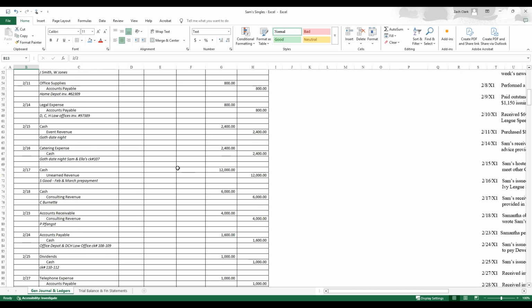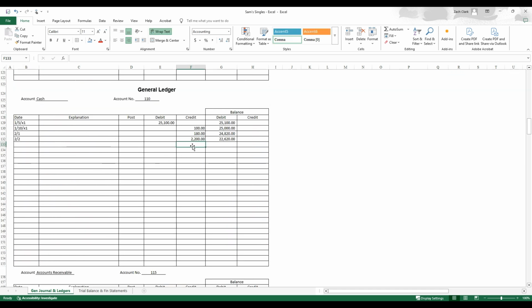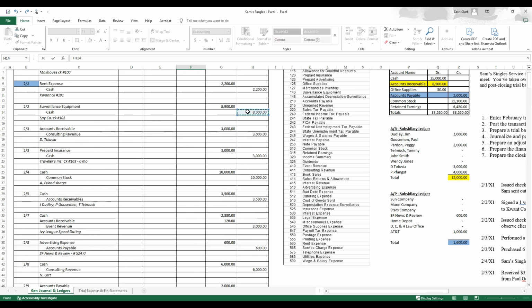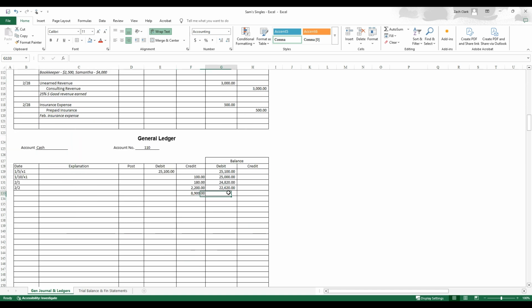So now surveillance equipment in cash. So let's credit our cash for 8,900. And at this point, you can see the whole formula of how to do this: the previous amount plus the debit minus the credit.